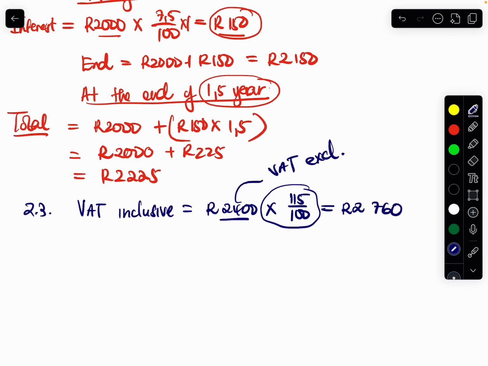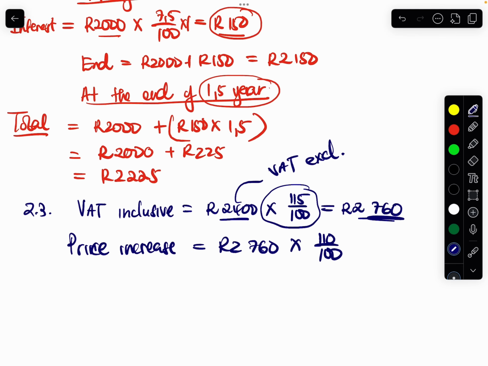Now we're going to calculate the price increase. How much is it going to be when it has increased by 10%? You take 2,760 and increase it by 10%, so it's 110 over 100. When you punch that in the calculator, it's 3,036 rand.